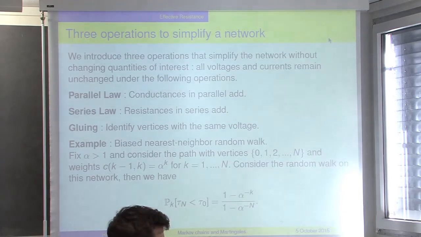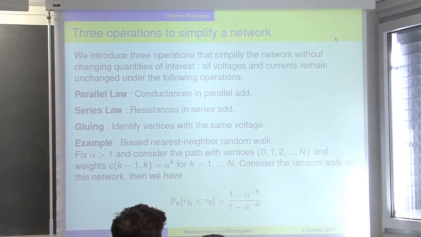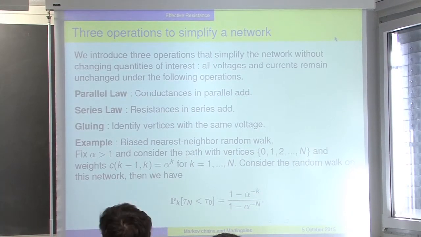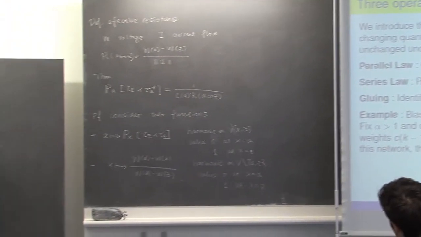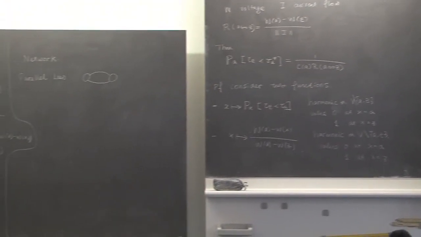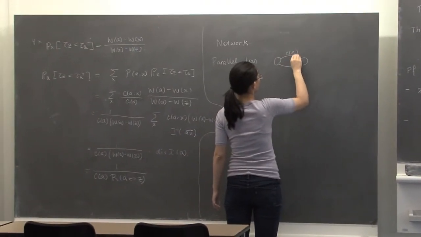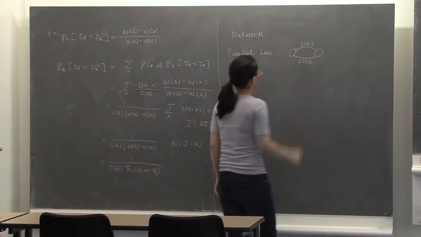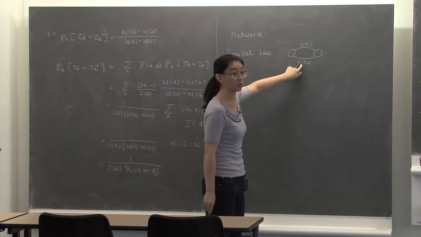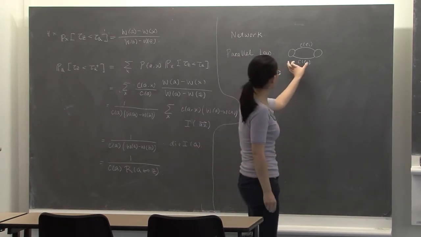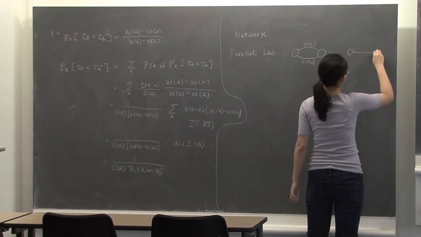So the first operation is called the parallel law. This means that if we have two edges, E1 and E2, that share the same endpoints, where this edge has conductance C_E1 and this edge has conductance C_E2, we can replace them by one edge.